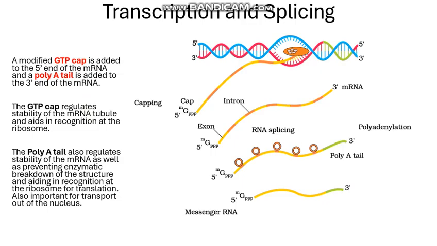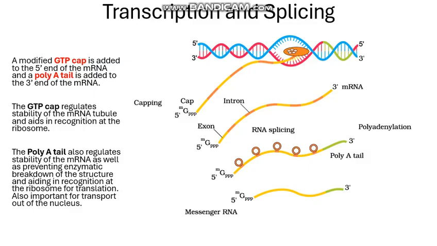So, transcription, basically, you get your double-stranded DNA in the nucleus. A DNA helicase breaks the hydrogen bonds, opening the double-stranded DNA. You then get a DNA polymerase, which copies. It uses the DNA as a template strand and produces a strand of pre-mRNA.